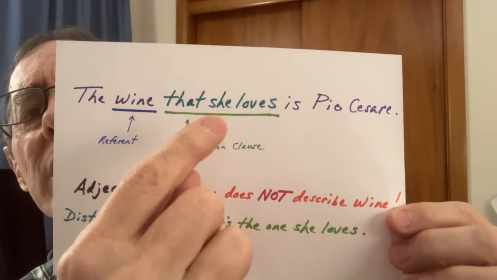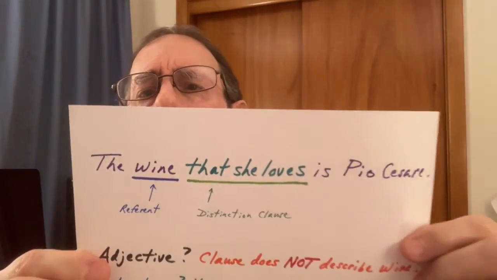Sure, she can love it, she can take it to bed with her, and she can buy a bottle for all of her friends, but that tells you nothing about the wine, the quality, the bouquet, the taste, the whatever. So there you have it. And I think I failed to make that point previously, and that's it.